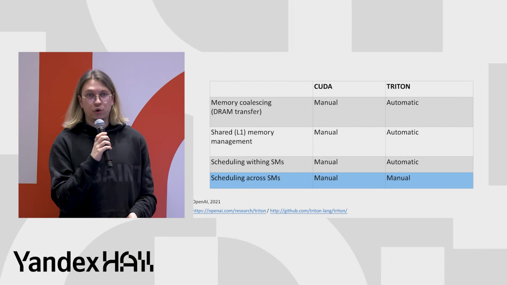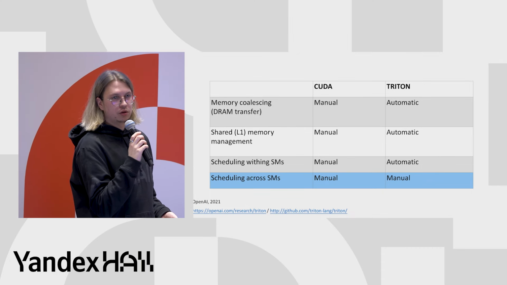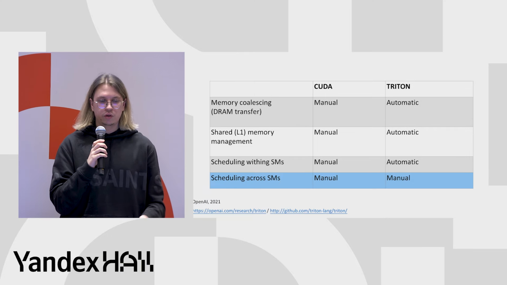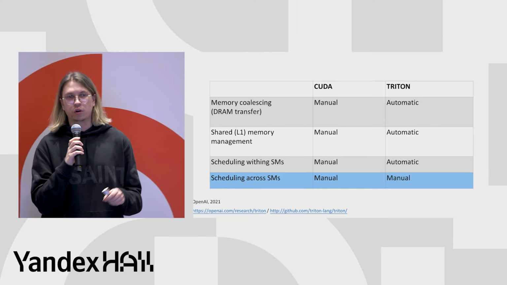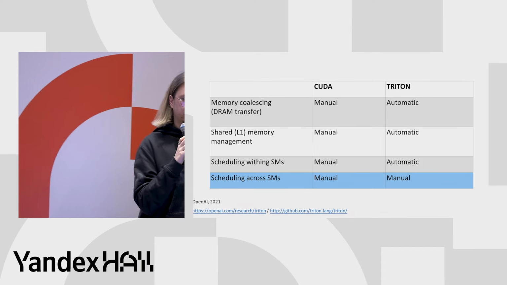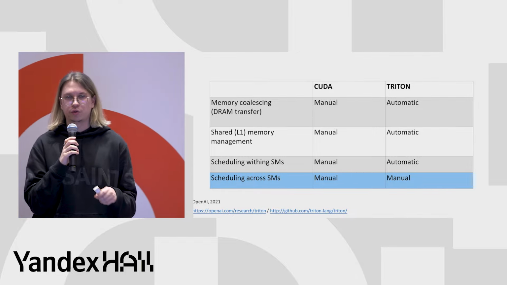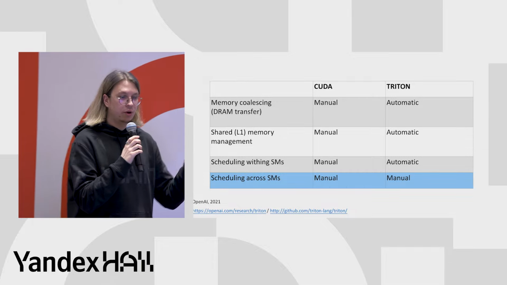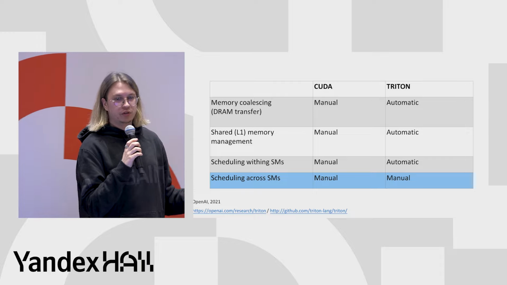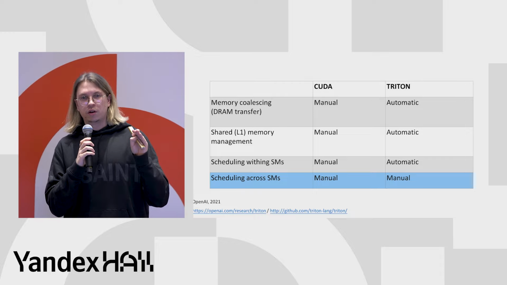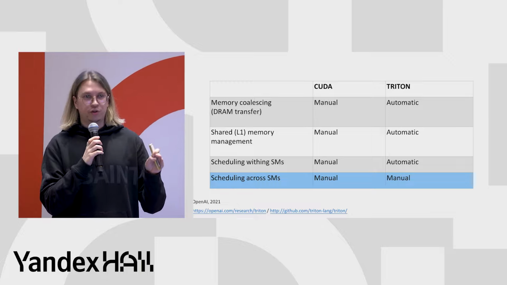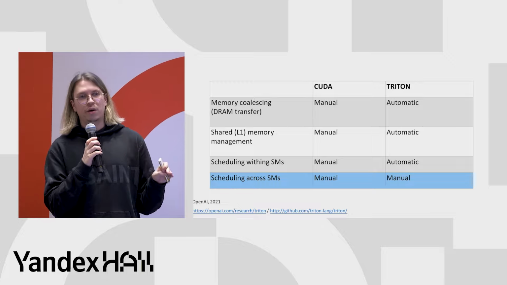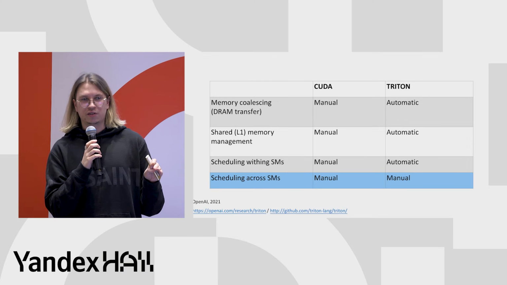And if you compare CUDA with Triton kernel writing, we can see that in CUDA you have control over pretty much everything. So you can control the memory coalescing, you can control all these caches that we talked about and how to use them, how to flush the data out of these caches. Triton comes up with everything automatically, so you don't have to think about any memory management, basically.